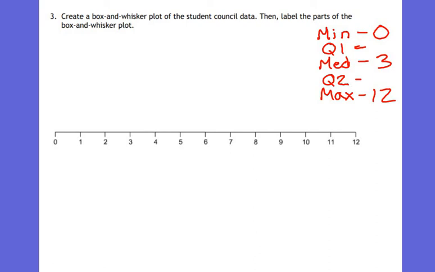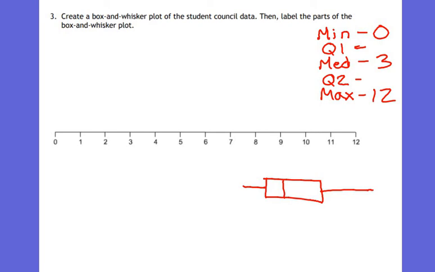All right. Now I have Q1 and Q2. Q's stand for quartiles. Quartiles kind of sound like quarters. And how many quarters are in a dollar? 4. A box and whisker plot, you don't have to draw this. This is an example of what a box and whisker plot could look like.